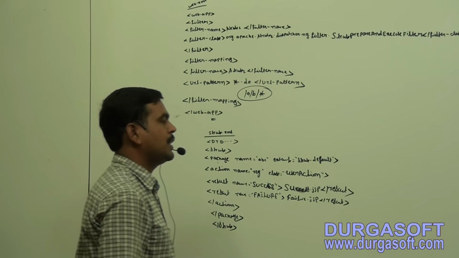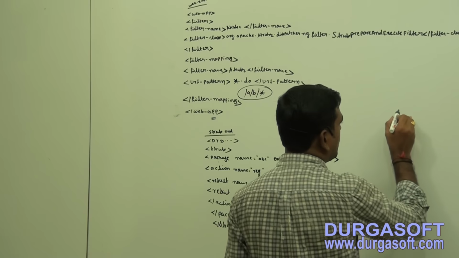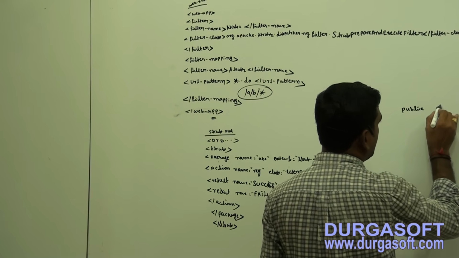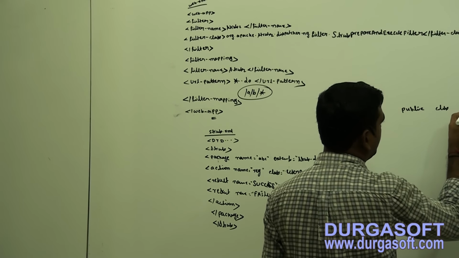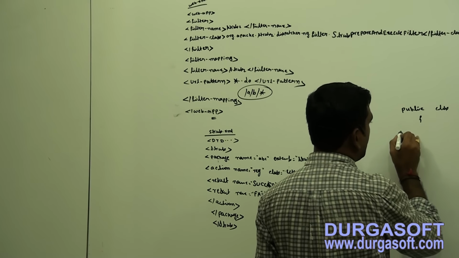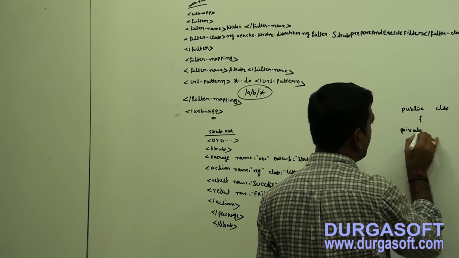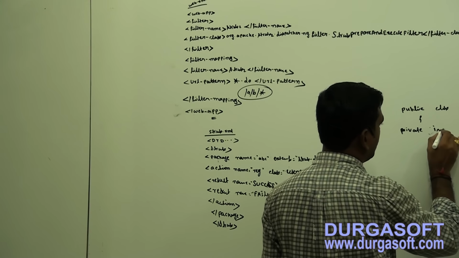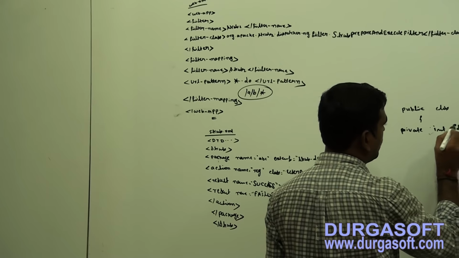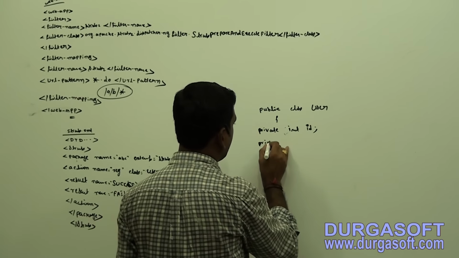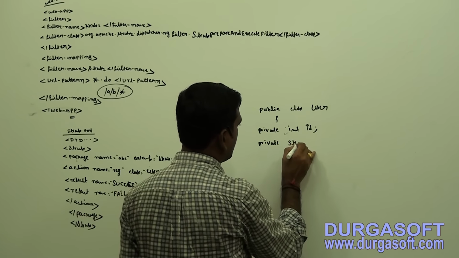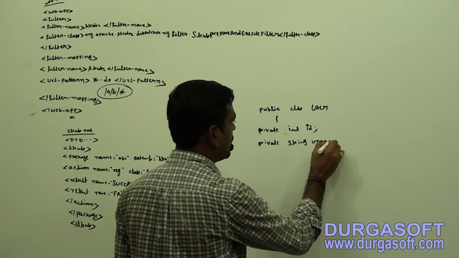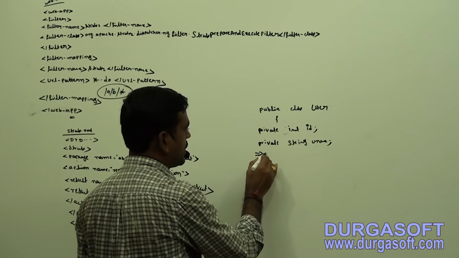Then after that, here we take one action class, for example public class User. Under that we define the properties: private int id, and private String uname. After that, generate the setter methods.